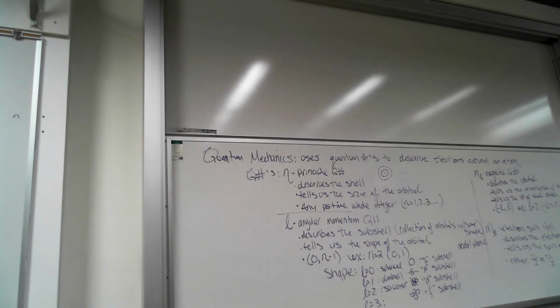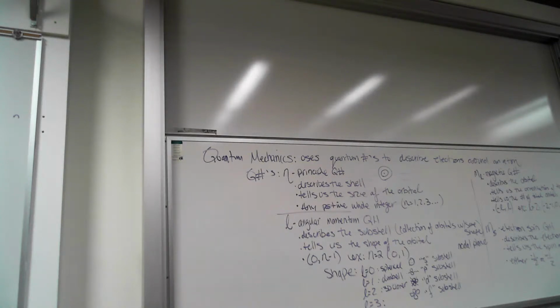Next, we have our second shell, N equals 2. So for an N of 2, what are our possible L's? 0 and 1. So that tells us we can have an S subshell and a P subshell. First, we'll talk about our L of 0.